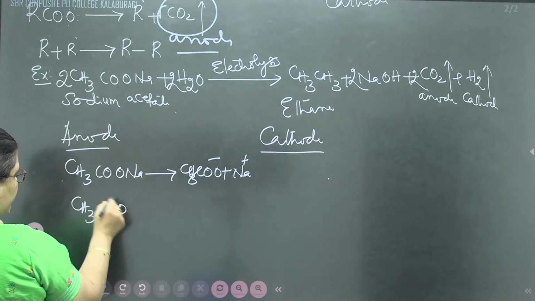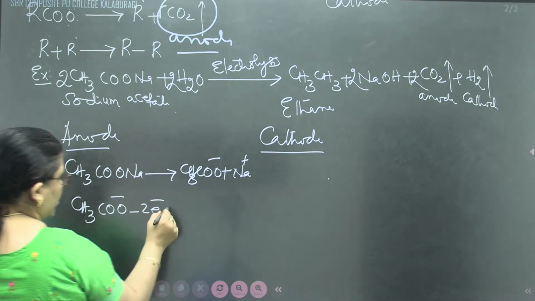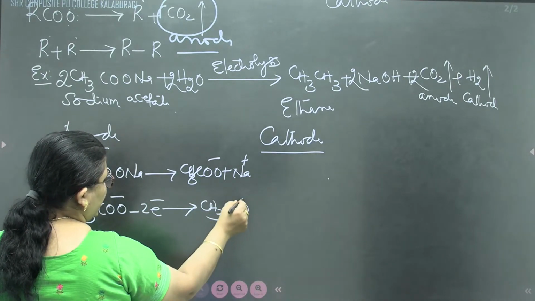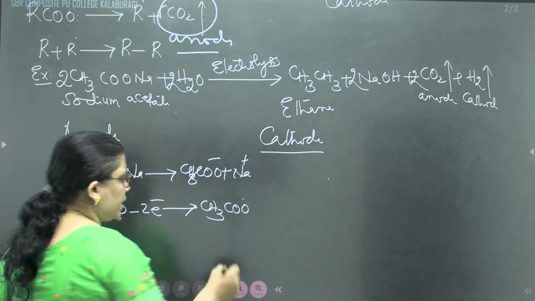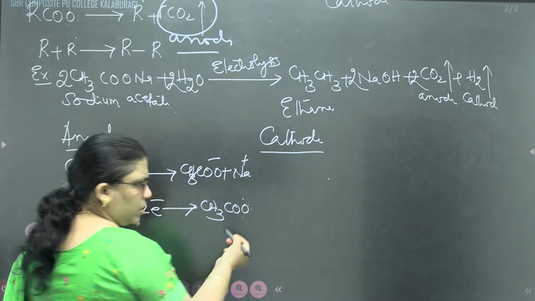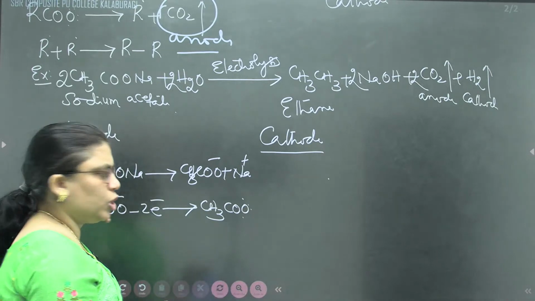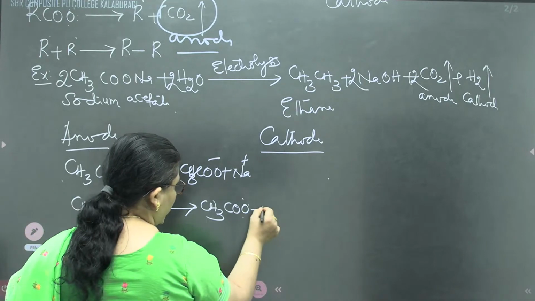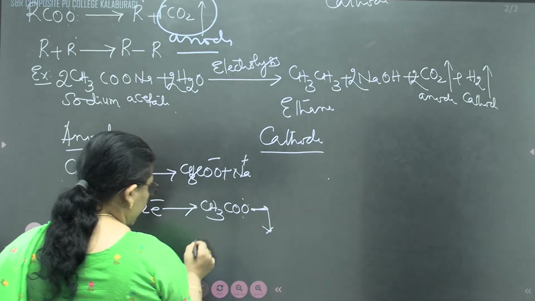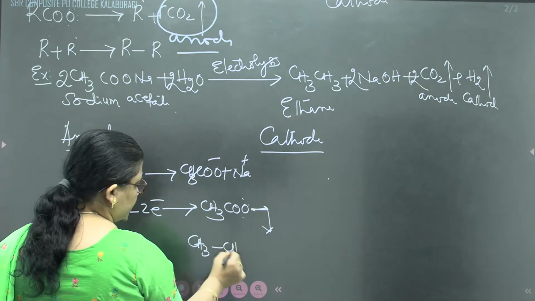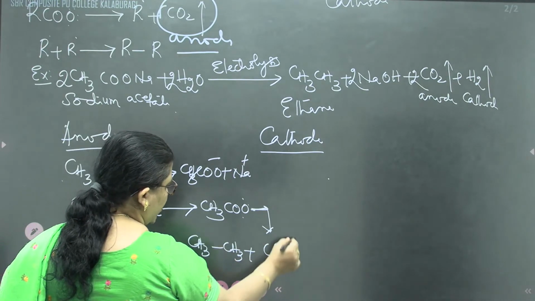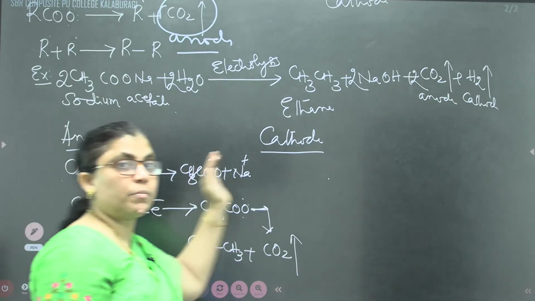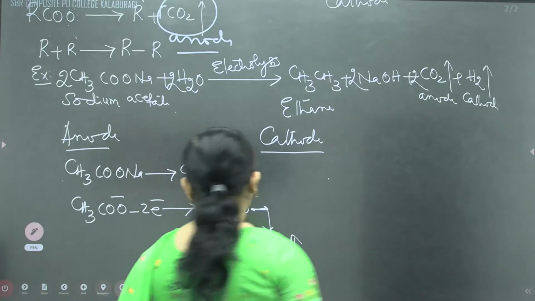CH3COO minus will lose 1 electron to produce CH3COO dot, an unstable molecule, a free radical, which is further converted into ethane with the release of carbon dioxide. Those many electrons lost at the anode will be gained at the cathode.